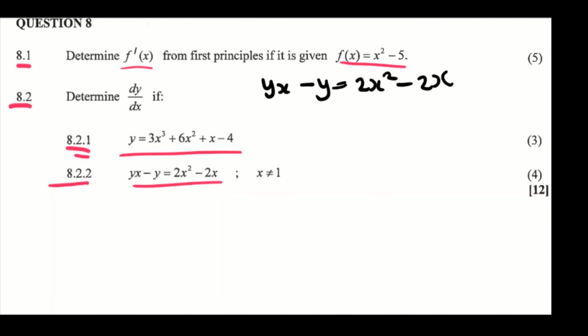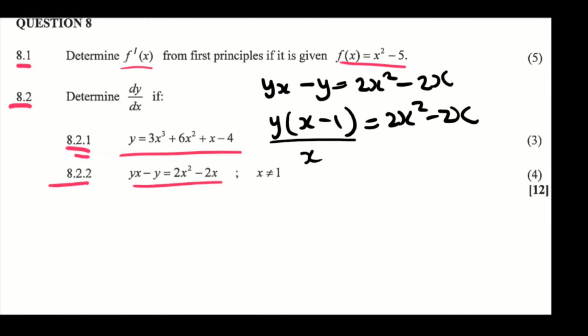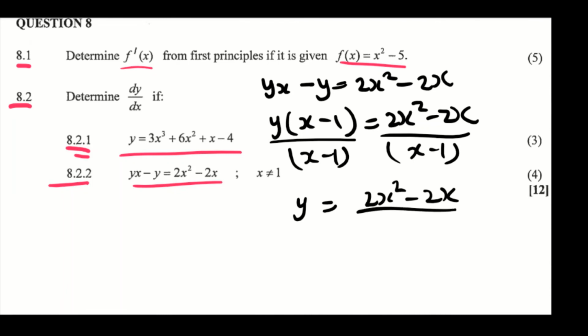So what we're going to do is factorize this y into x minus 1 equals 2x squared minus 2x, and then we divide by x minus 1, divide by x minus 1, and then we have y equals 2x squared minus 2x over x minus 1. Right, so now at least we've done something with this expression.